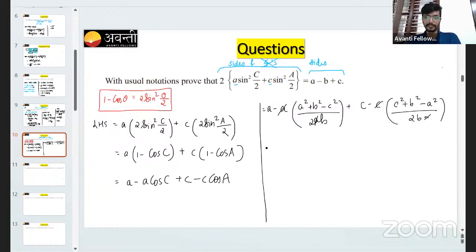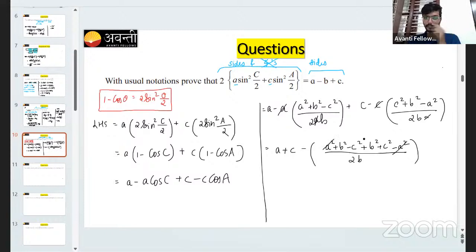So I'll be left with, I'll separate this A plus C. Correct? I'll take minus common. Denominator is 2B. So A square minus C square plus B square plus C square minus A square.